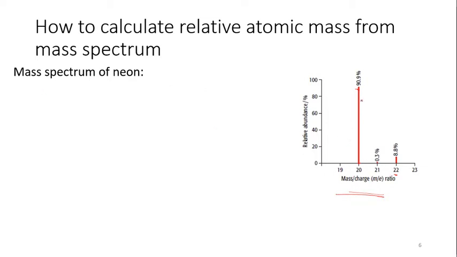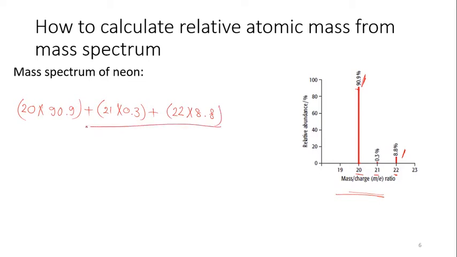Let's take the first one, the mass ratio is 20, and I multiply it by the percentage, which is 90.9. I sum that to the other peak, which is 21 by its percentage, 0.3, plus the third one, which is 22, multiplied by its percentage, which is 8.8.